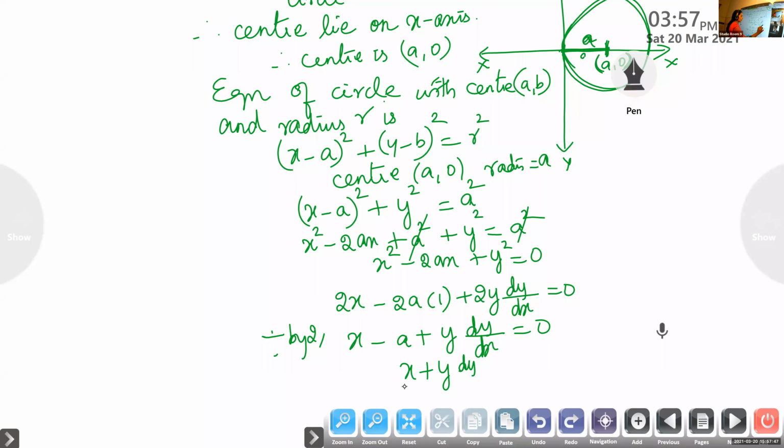Substitute this in equation 1. Now substitute this for a in equation 1 and find the answer.